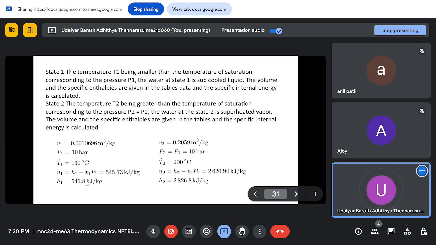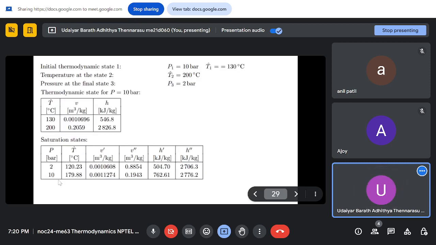At 179.88 you will have a saturated state. It can be either saturated liquid or saturated vapor or a mixture of that. But at this state you are at 130 degrees Celsius and 10 bar, you are liquid but subcooled, so your temperature is less than your saturation temperature. So at that point the volume will not change much.